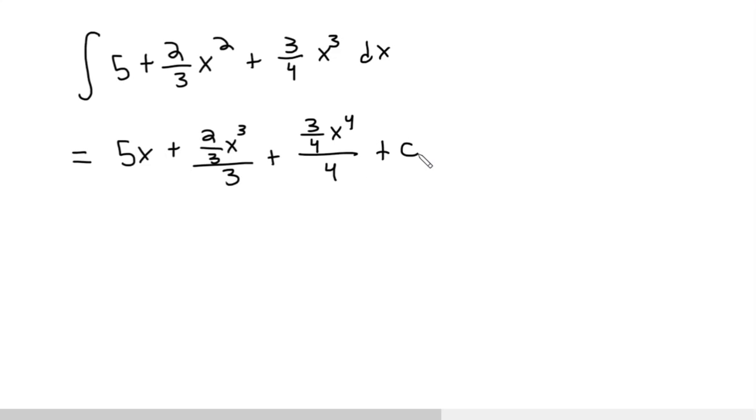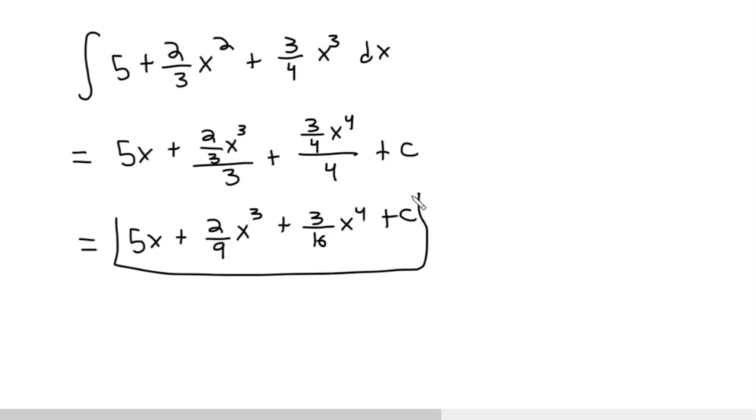And then we add on that c value. Okay, and then now I'm just going to clean this up a little bit. This is going to become 2/9 x cubed plus 3/16 x to the 4th plus c.